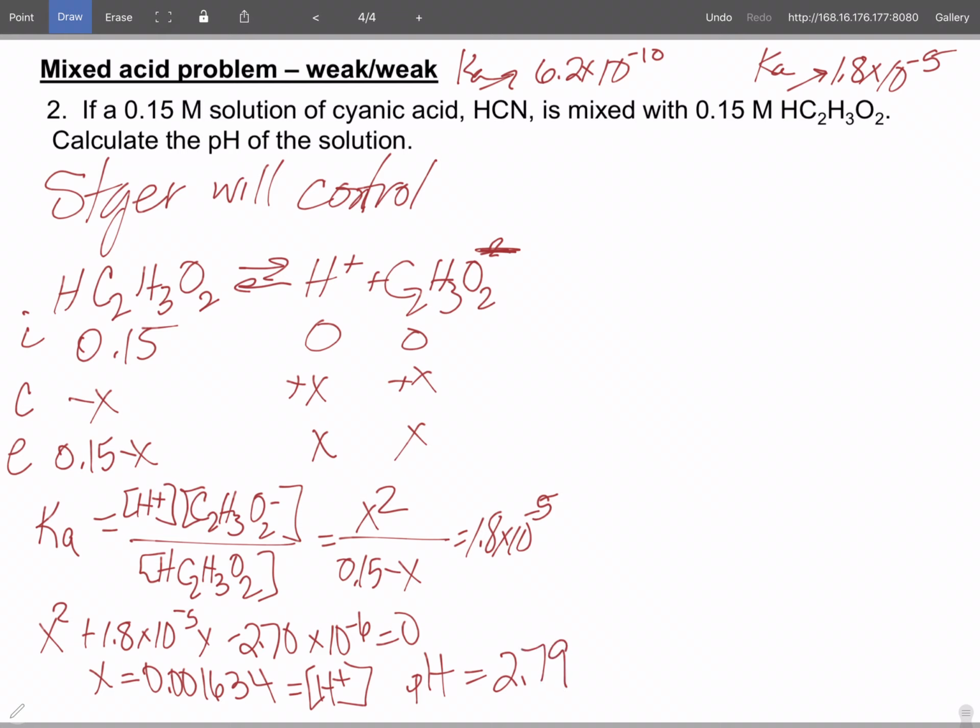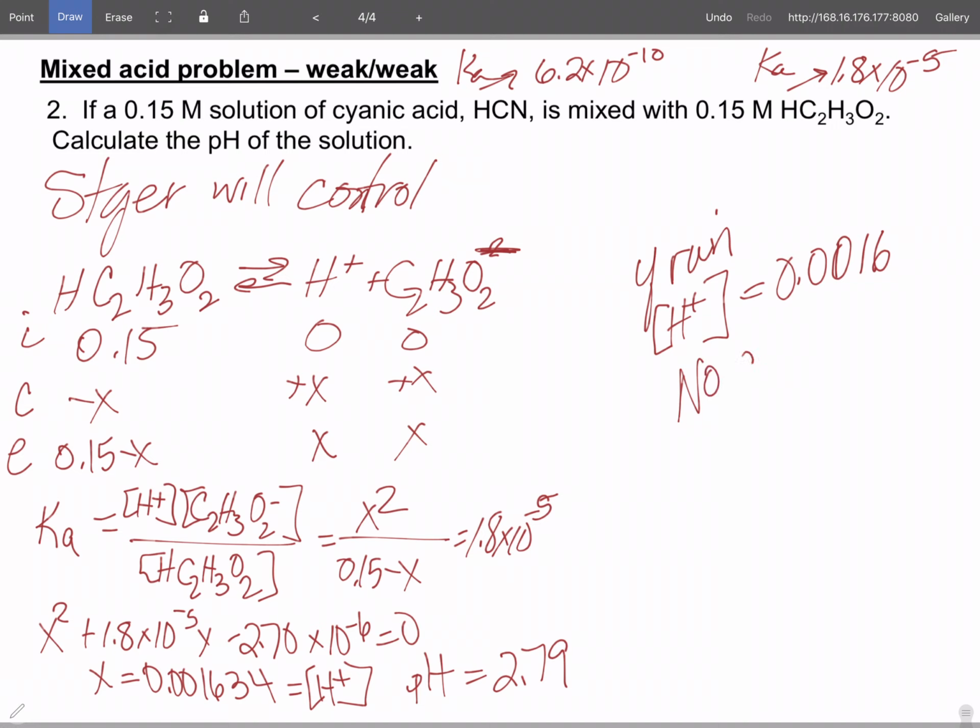So if you're thinking about running the HCN, you could run it, but think about the previous problem. It didn't make much difference, and that one had a strong acid. This is a weak and a weak, and it's a much weaker acid. So basically, if you were to run it, the H plus concentration would change to about 0.016 versus 0.001634.